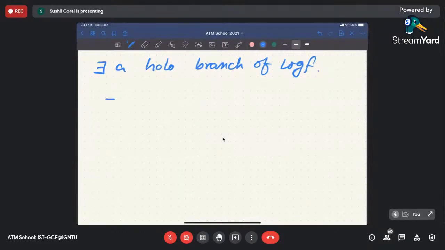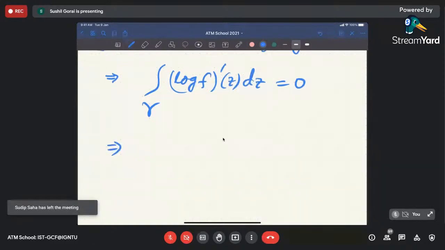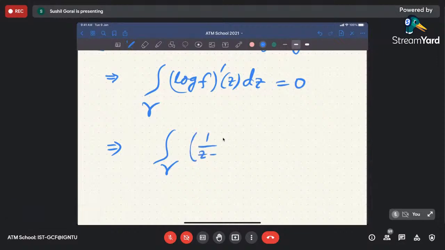Now this implies that the integration of log f whole prime over gamma is 0, right? Because log f is the primitive. So this is nothing but the integral of 1 over z minus A minus 1 over z minus B dz equal to 0.